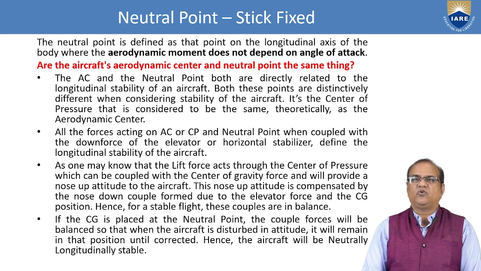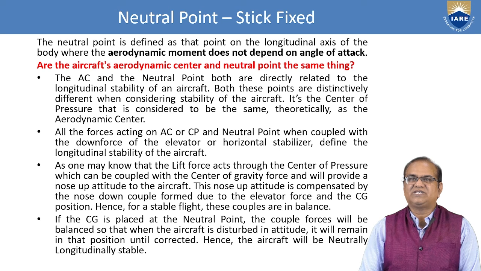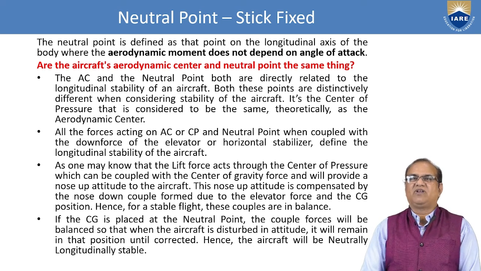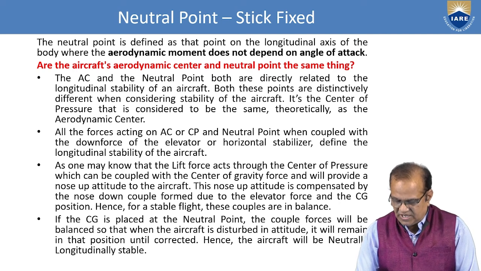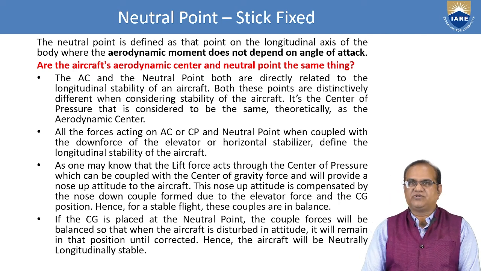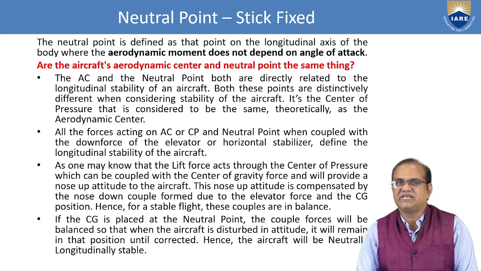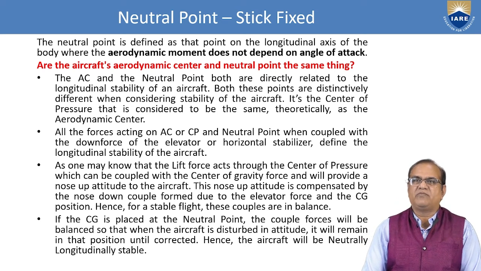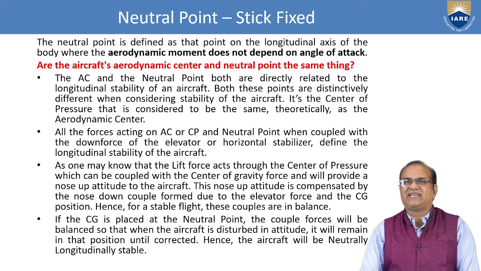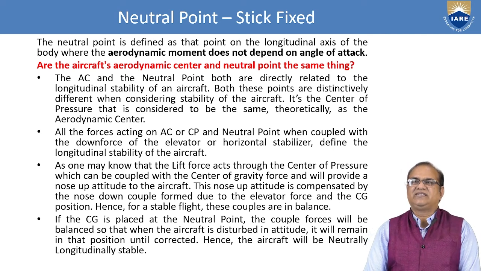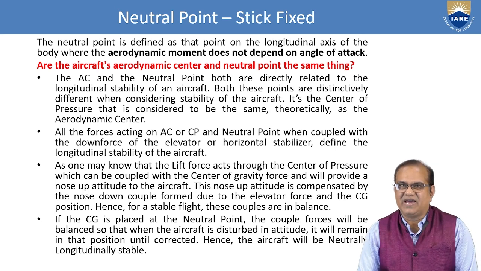As one may know, the lift force acts through the center of pressure, which can be coupled with the center of gravity force and will provide a nose up attitude of the aircraft. This nose up attitude is compensated by the nose down couple due to the elevator force and the CG deflection. Hence, for a stable flight, these couples are in balance.